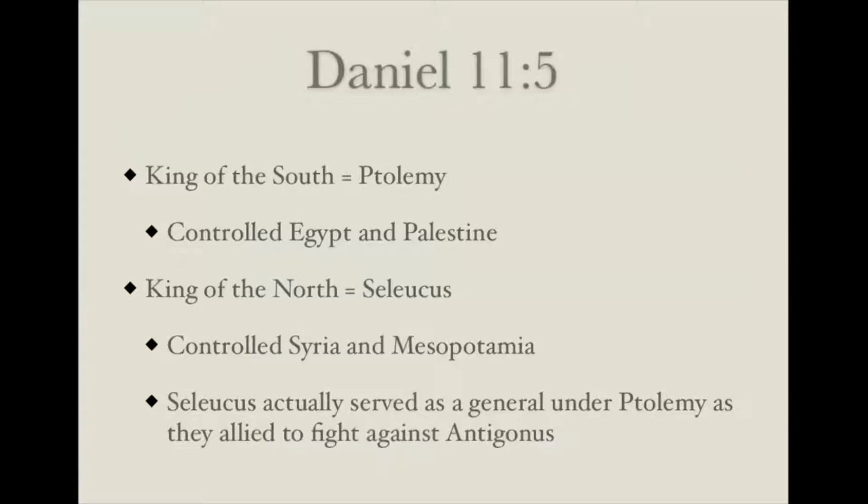Awesome. The two that came out were Ptolemy in the south, who controlled Egypt and Palestine, and Seleucus, the king of the north as referenced by Daniel, who controlled Syria and Mesopotamia. Now, what's interesting is that Seleucus actually served as a general under Ptolemy as they were fighting against Antigonus.